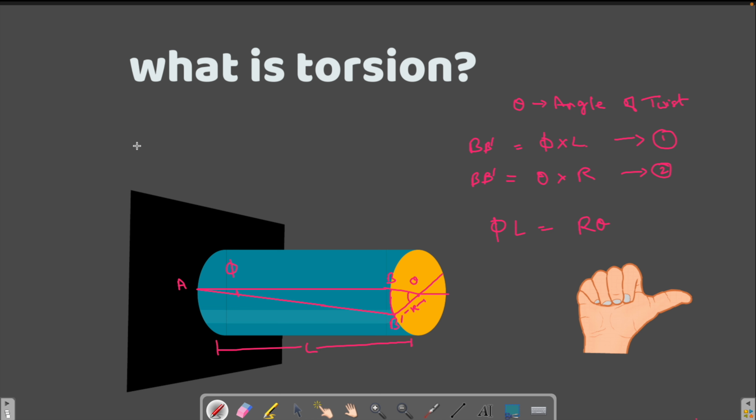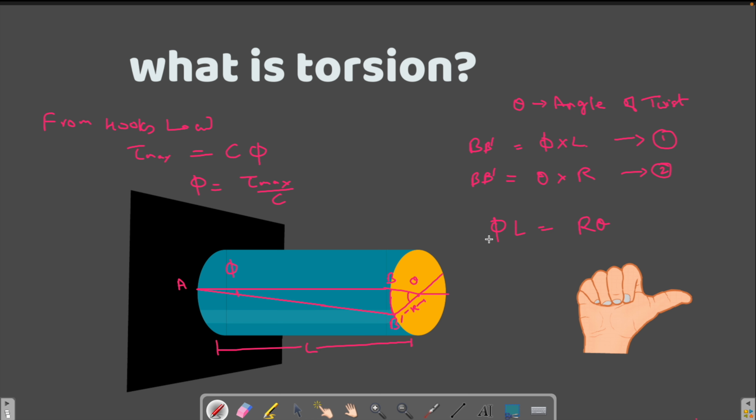Now from Hooke's law, we know that tau is equal to rigidity modulus into shear strain. Now I am writing rigidity modulus as C. You will sometimes find it written as G also. So phi can be written as tau max by rigidity modulus.